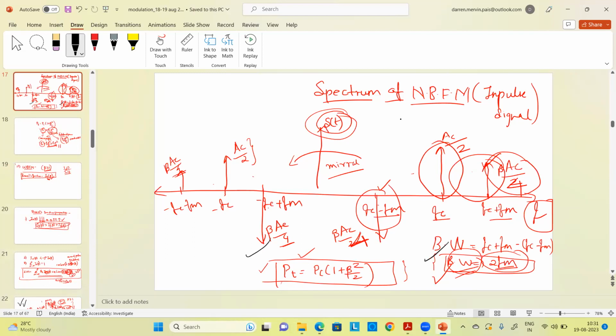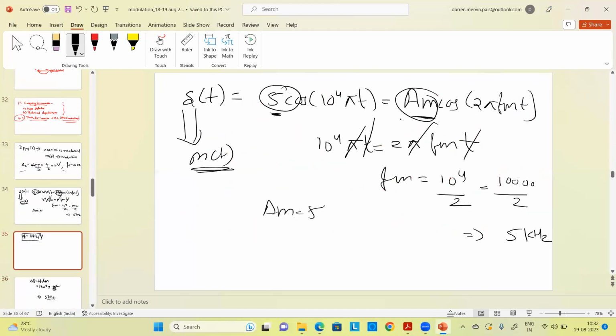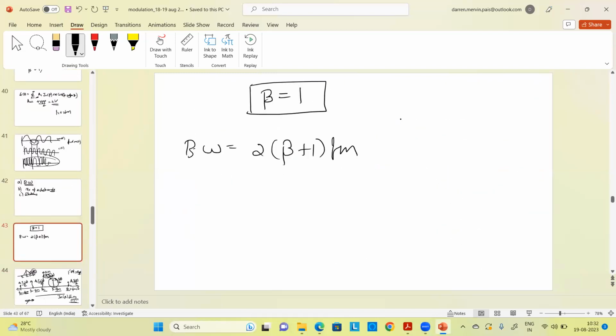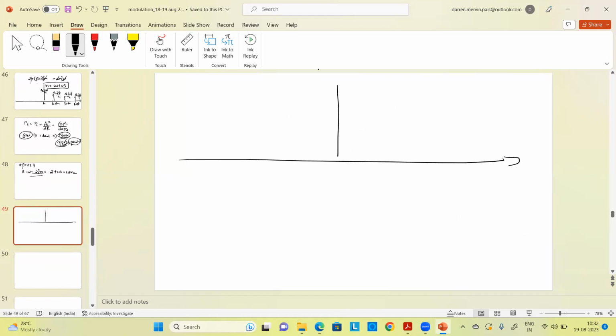Okay, so the next point after point one is, most importantly, how do we indicate the spectrum? That is very important. If you see here, the spectrum for narrow bandpass is different.